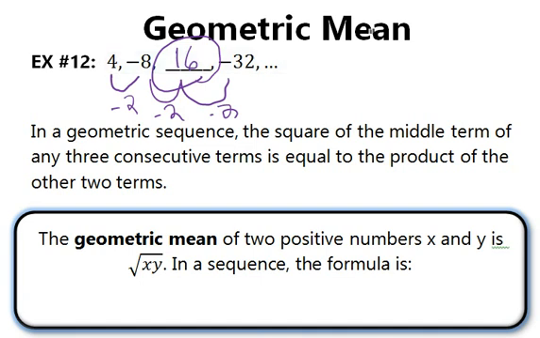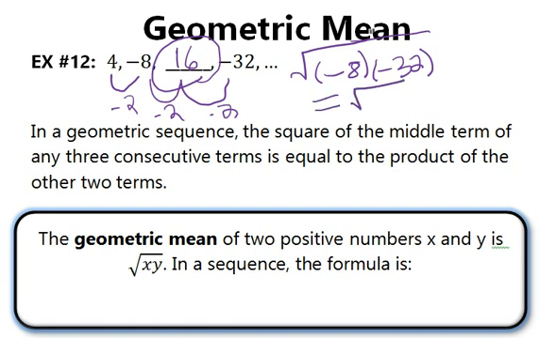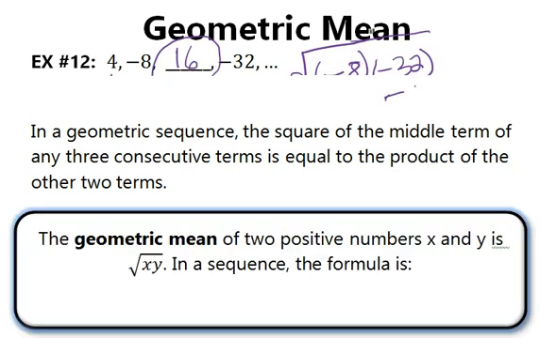So if I wanted to find that value, I would take the square root of the product of -8 and -32, which is the square root of 256, which is equal to 16.